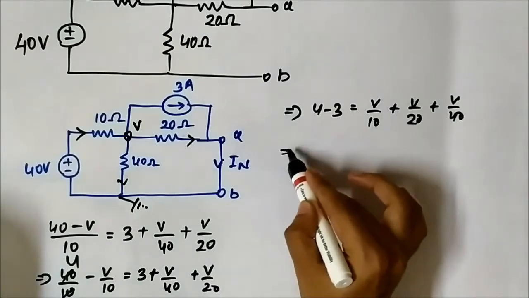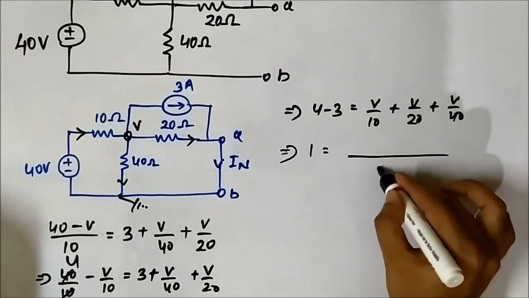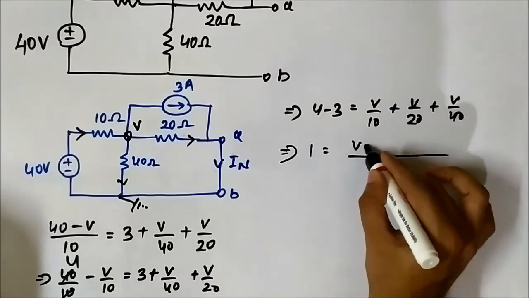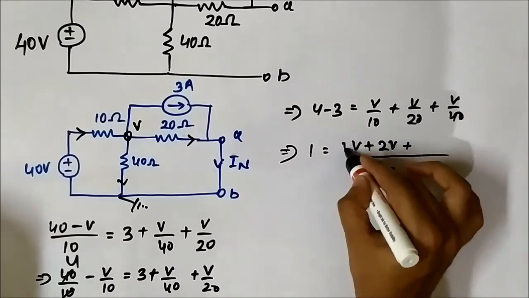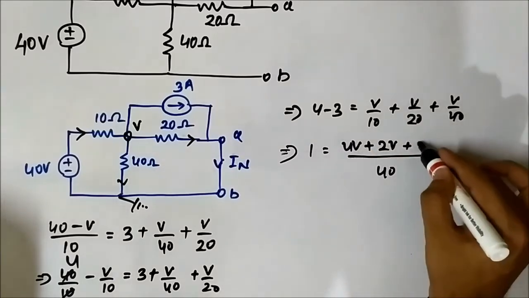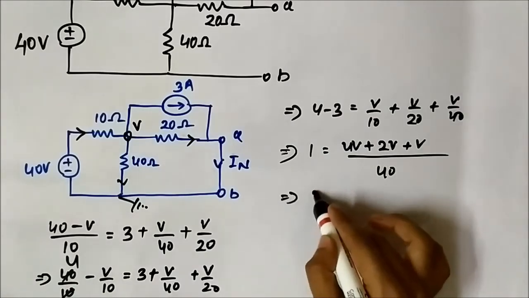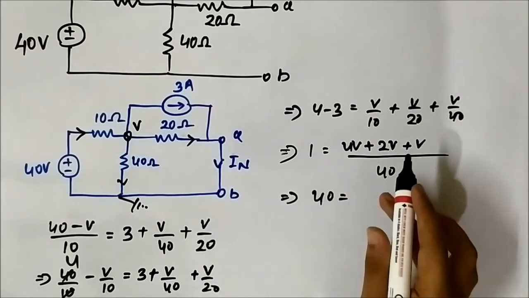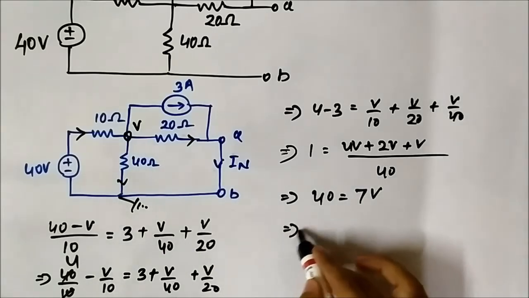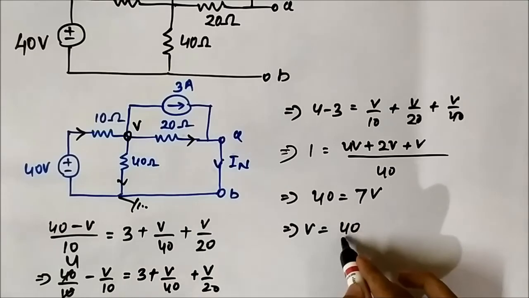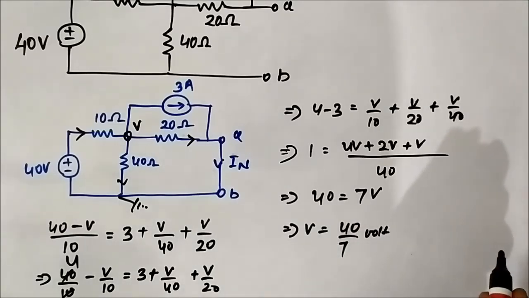That implies 1 is equal to, LCM is 40, so it is 4V plus 2V plus V, so it is 40 is equal to 7V. That implies V is equal to 40 by 7 volt. V is this much.